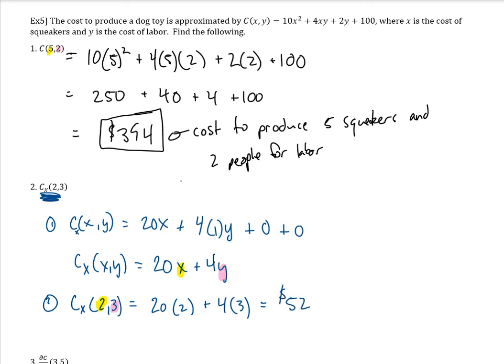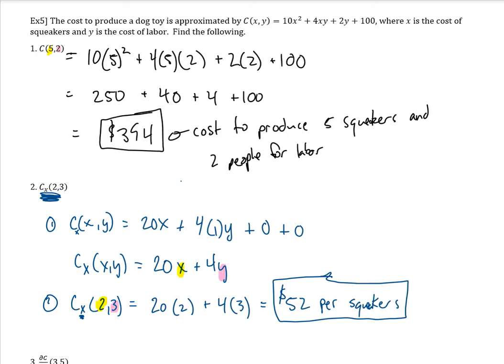This is still in dollars, but it's with a derivative, so it's $52 per whatever the derivative variable is. Our x was squeakers, so per squeaker. The derivative is still a rate of change. So this represents $52 per squeaker when they have 2 squeakers being produced and 3 people working on it.